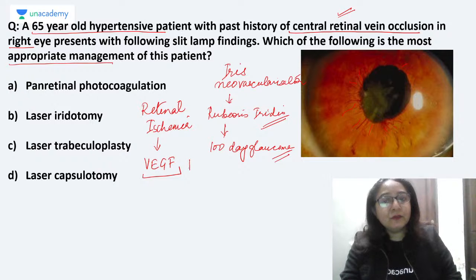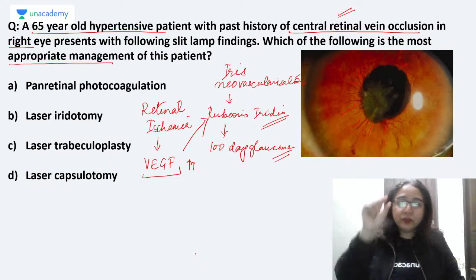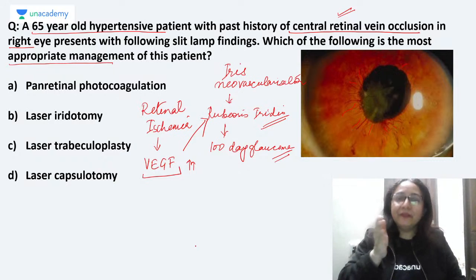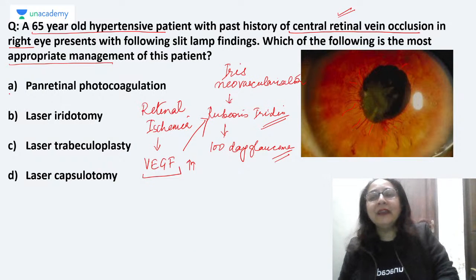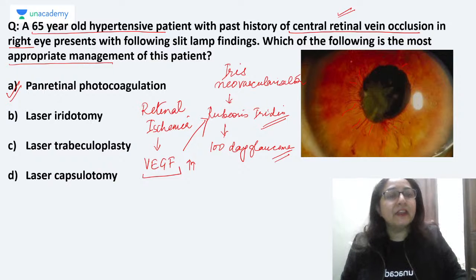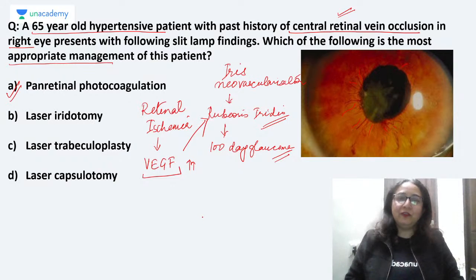This increased VEGF leads to rubeosis iridis. So the root cause of the problem is in the retina. So to decrease this ischemia, to decrease the levels of VEGF, I will do pan-retinal photocoagulation, which will bring about regression of this iris neovascularization.